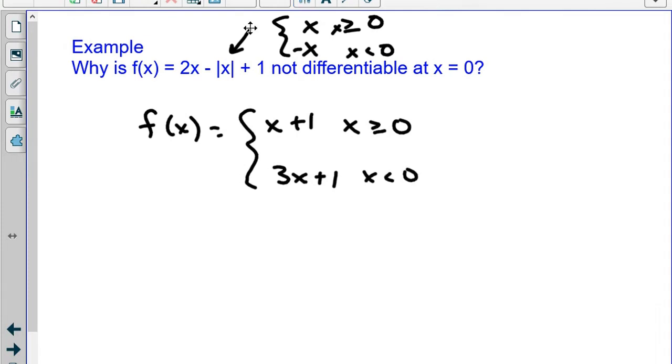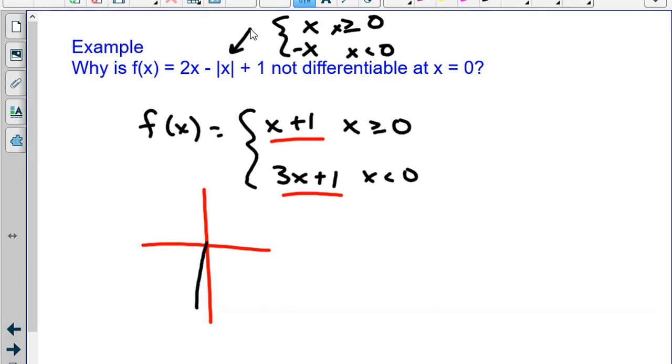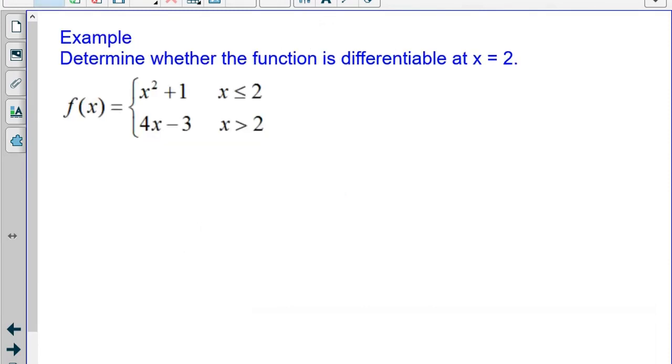So even though this graph is continuous, it is not differentiable, because if you take the derivative of the top one, you would get 1. And if you take the derivative of the bottom one, you would get 3. And so what this graph is going to look like is something that's a lot steeper heading into this, and then a lot more shallow after x equals 0. I'll show you that graph in a minute on Desmos.